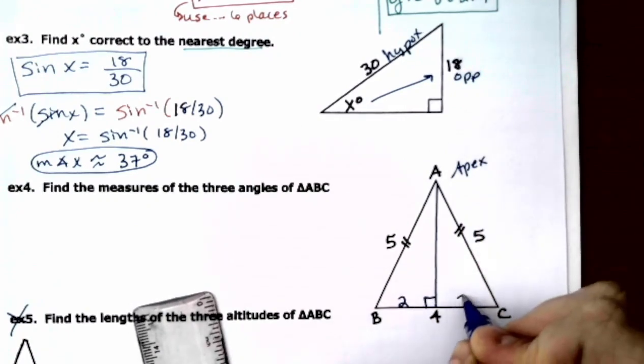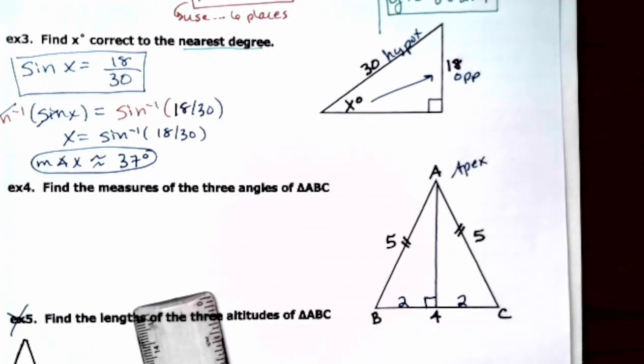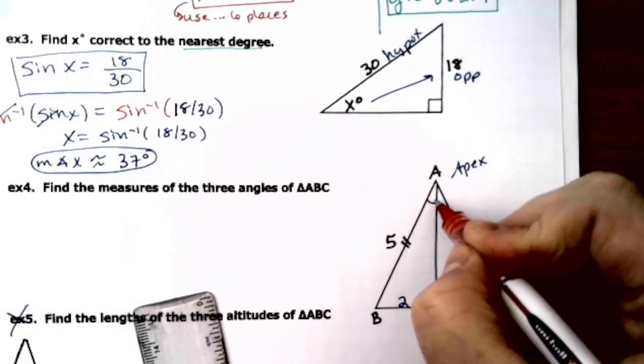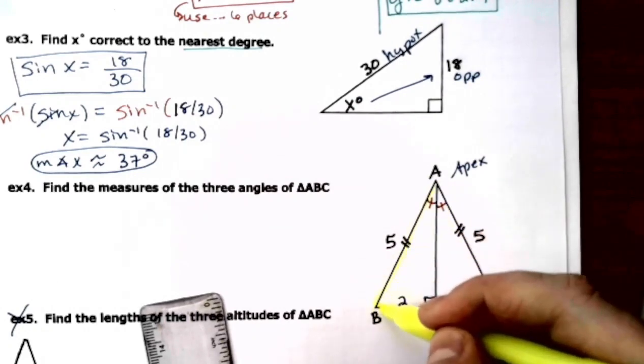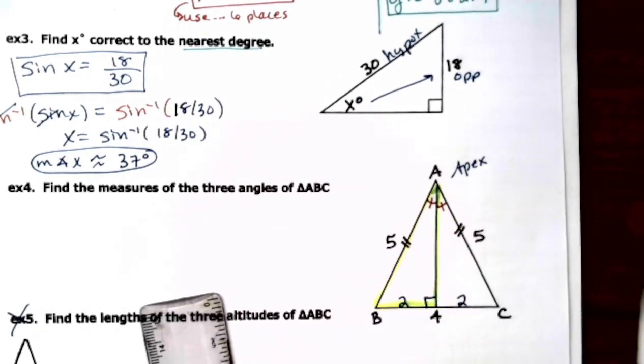So this is 2, that is 2. Because it's an altitude, it's perpendicular. We also know that it bisects the top angle. So this one and this one are actually the same angle. What this gives us is a nice right triangle that we can use to find the angles.